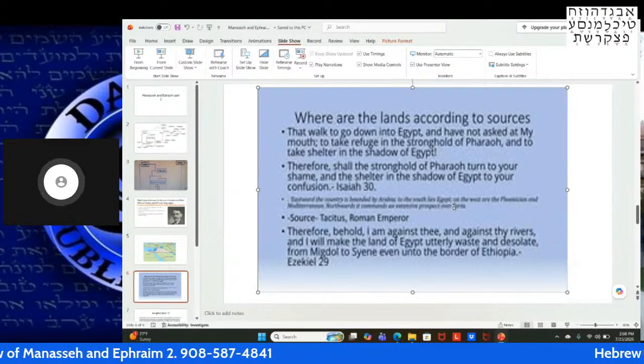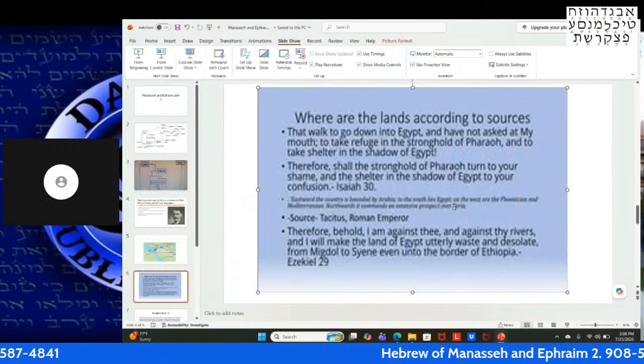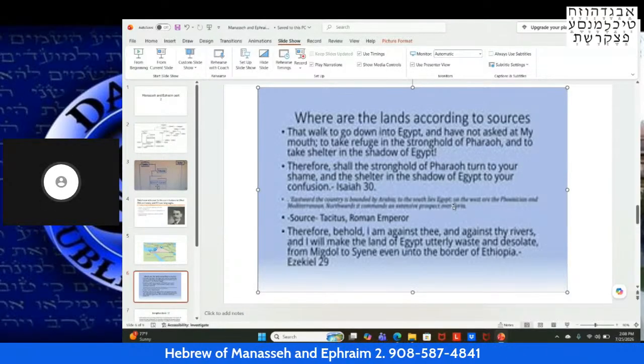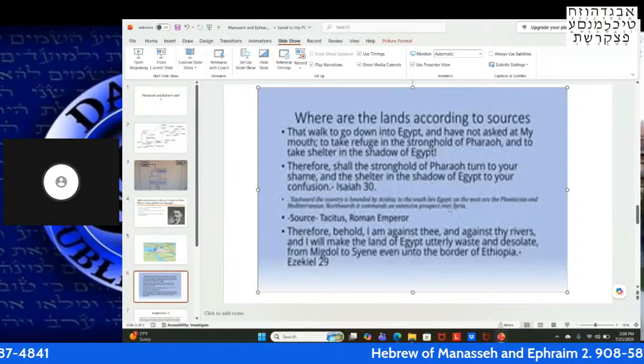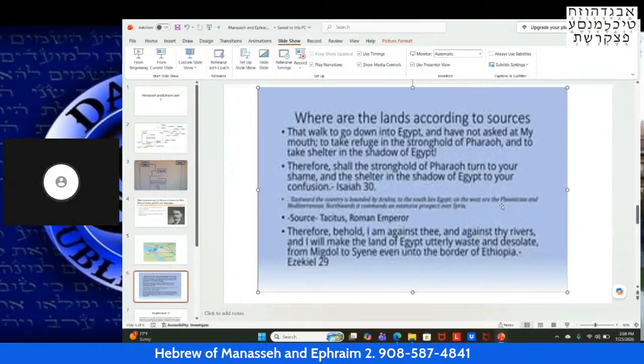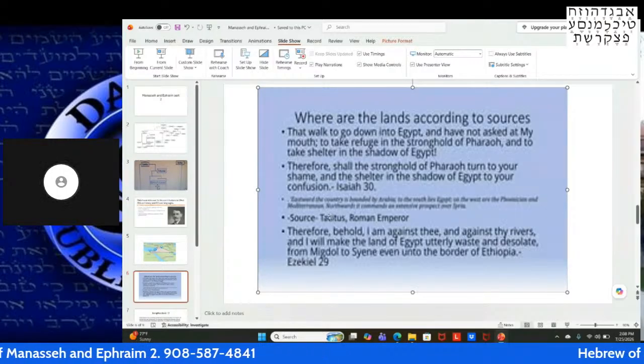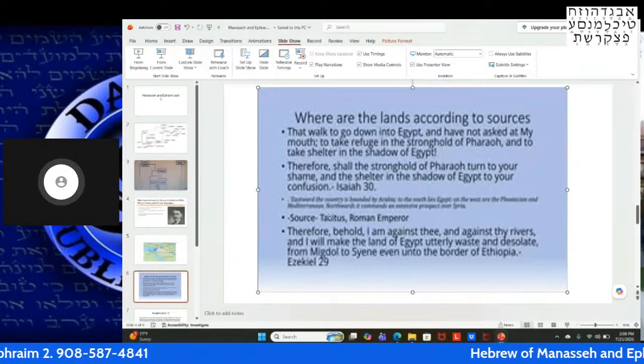Now, this is Tacitus, the Roman historian, in book 5 of The Histories, in which he's talking about the geography between where the Romans in Jerusalem were attacking the Israelites and where the land of Egypt is. He said, to the south lies Egypt. On the west are the Phoenician coast and the Mediterranean. Now, the Mediterranean is on the west side of where the land of Israel is.